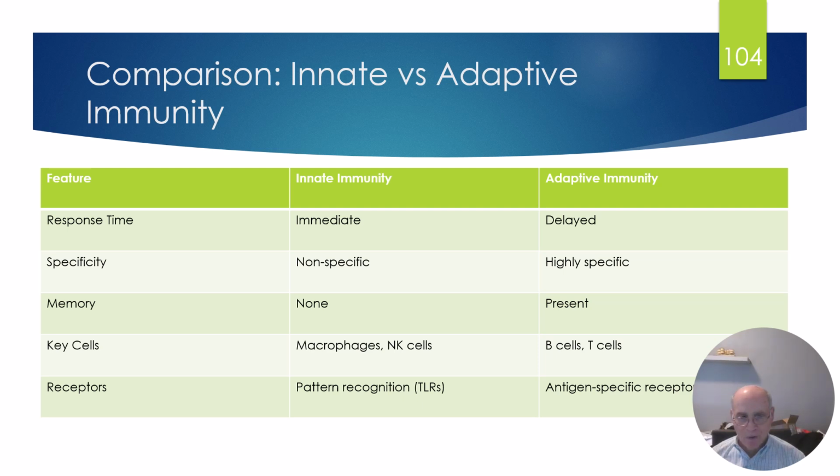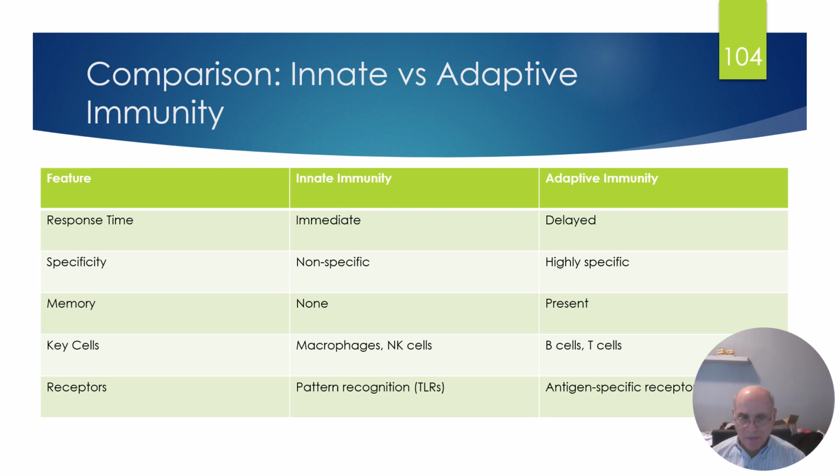There's no memory in the innate immune response. Present in the innate, the key cells are macrophages and natural killer cells, and in the adaptive immune response, B cells and T cells. The main receptors are pattern recognition receptors or toll-like receptors. These are on the surface of cells, and they're like antennae that stick up when they come in contact with something.